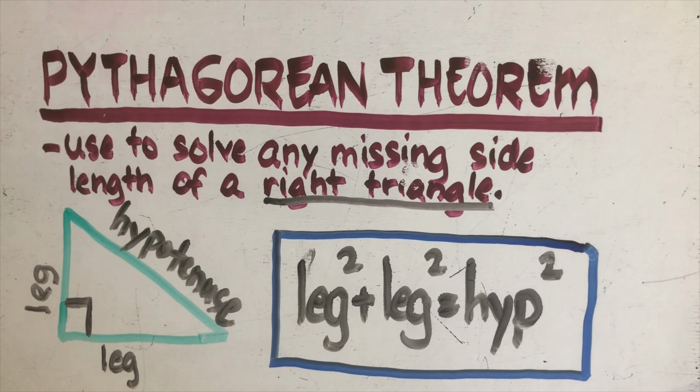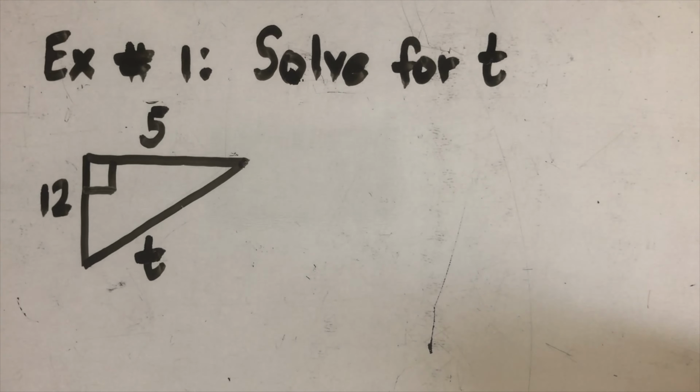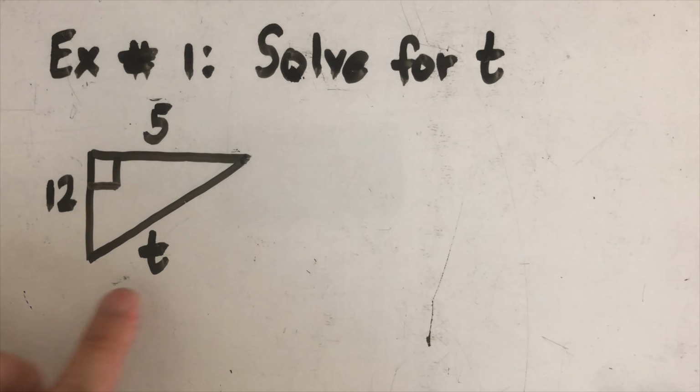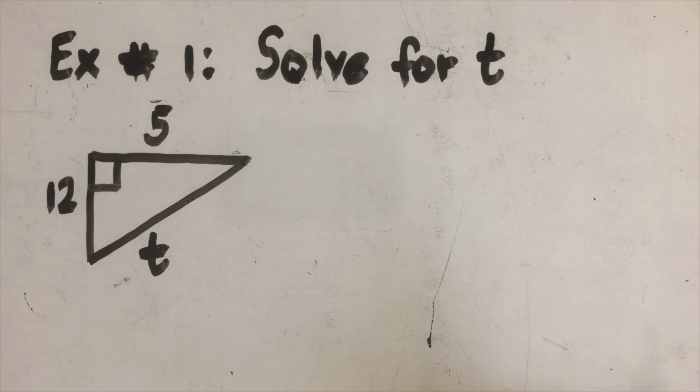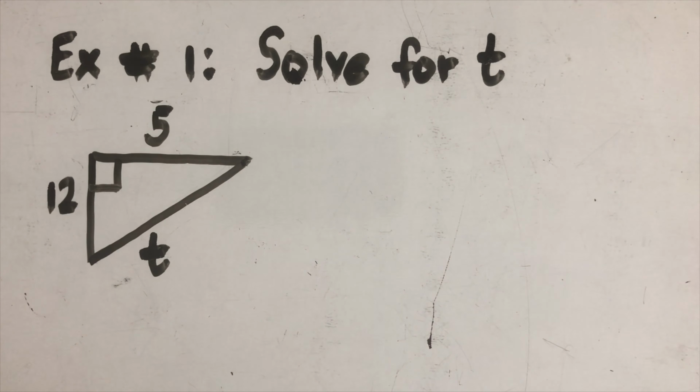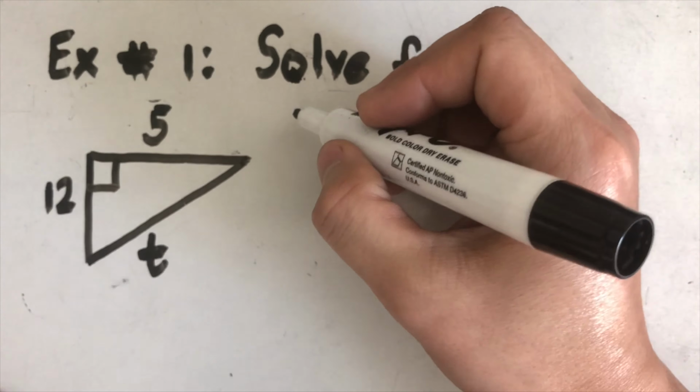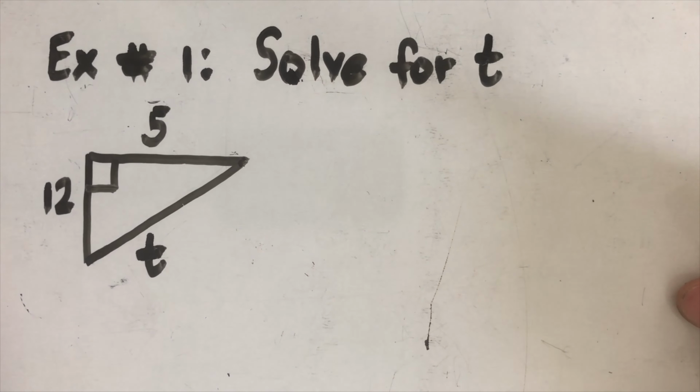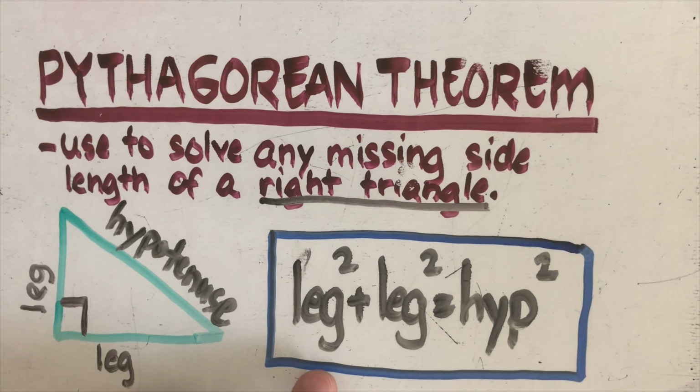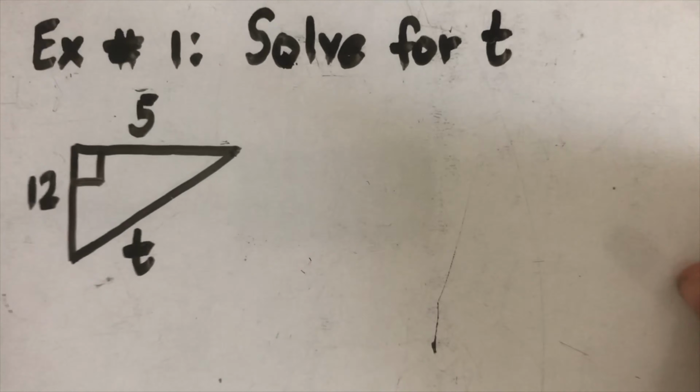Okay, so let's take an example right here. Let's take the first one. We are supposed to solve for t. So the t is a variable here. That's the missing side. So we use the formula again: leg squared plus leg squared equals hypotenuse squared.